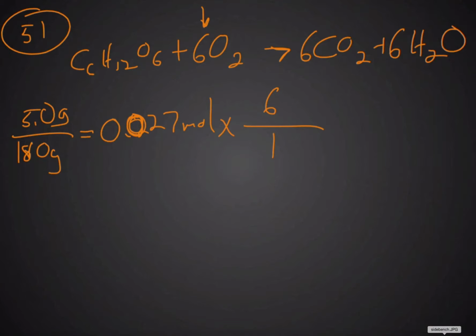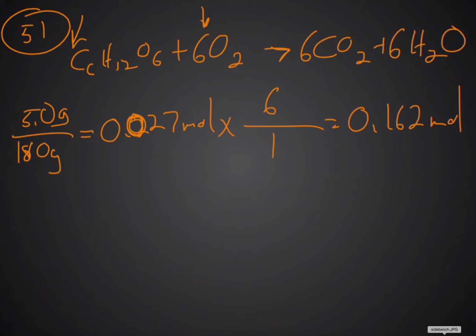Coefficient of the unknown, coefficient of the known is 1. So 6 times that number of moles would be 0.162 moles. So that's how many moles of oxygen we need.